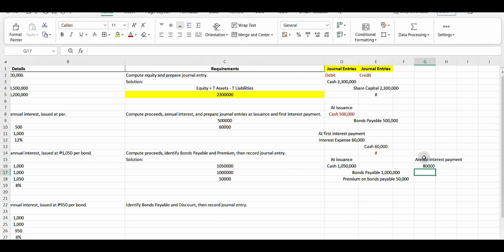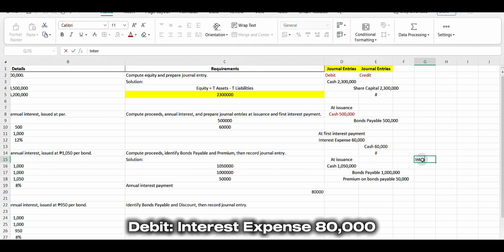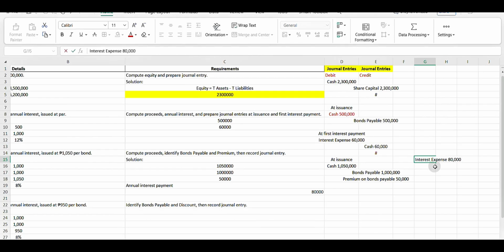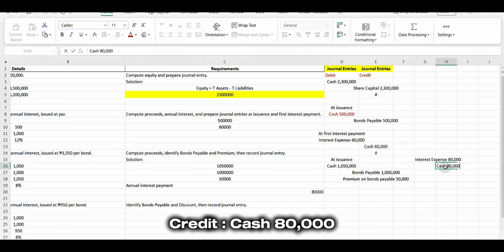And that is 80,000 pesos. Now to journalize the annual interest payment, that is debit to interest expense. Again, the amount is 80,000 pesos. Credit to cash, same amount, 80,000 pesos.